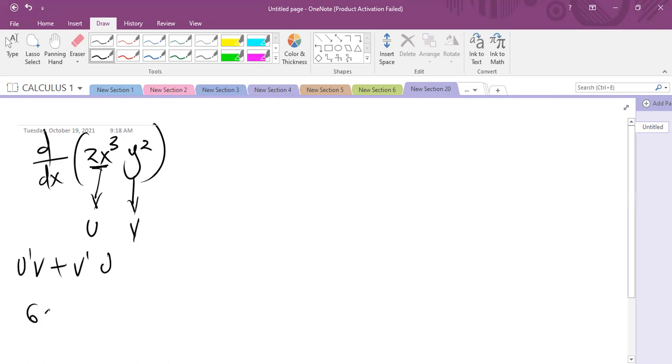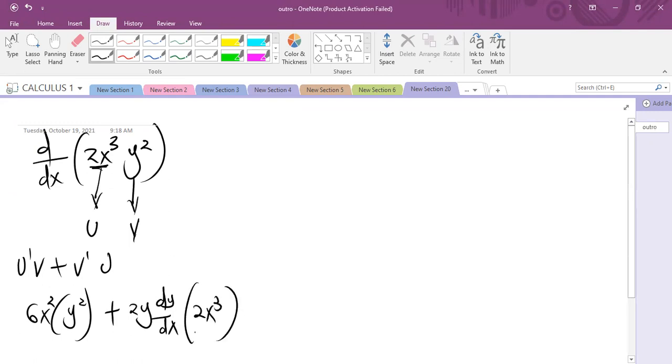U prime will be 6x^2 multiplied with v, which is y^2, plus v prime. If you differentiate y^2, you get 2y dy/dx. Don't forget that. And then we have u, which is 2x^3. So this is our answer for that derivative.